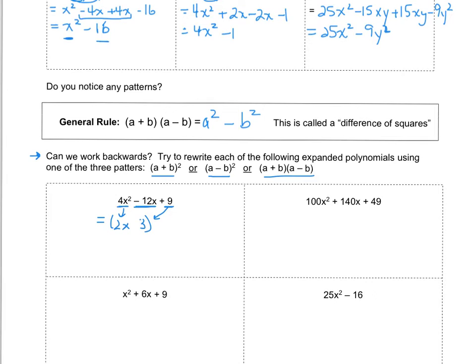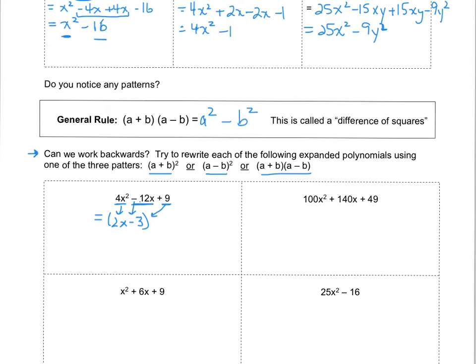And because I have a subtract here, I'm going to put a minus here. And that should all be to the exponent of 2 if I've done this correctly. So I could check that by writing that out twice: 2x minus 3 times 2x minus 3. I'm just checking my work here. I'm going to get a 4x squared. Oh, that's good because that's what I had.